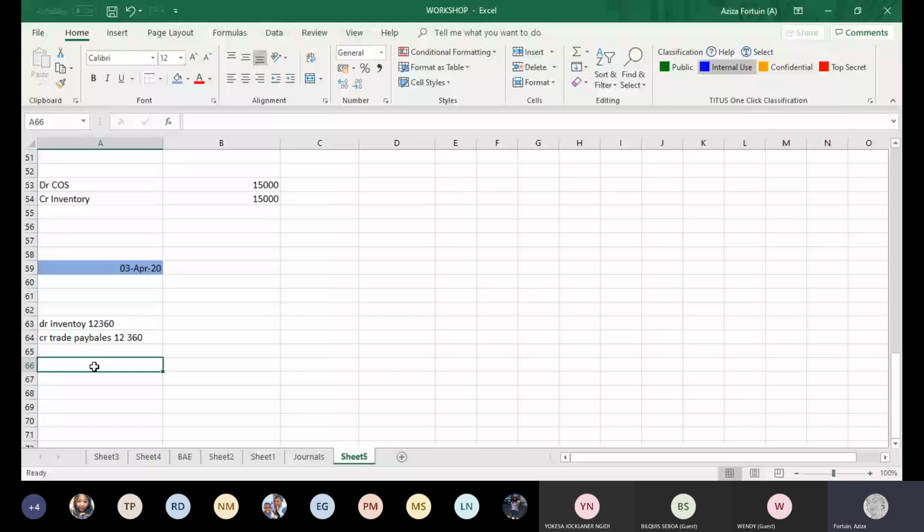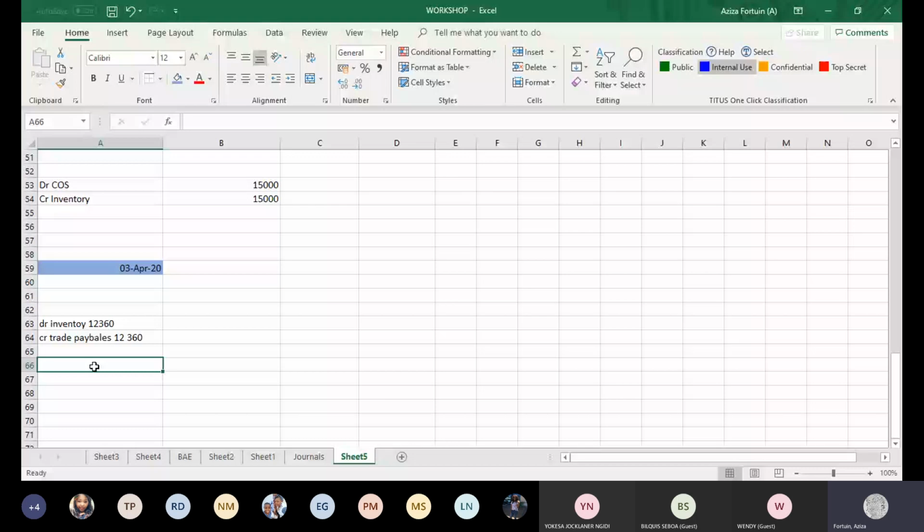When you issue to production, it is treated similarly to a sale, so you subtract it, and you've got 30 left at 700. So your value is 21,000. Then on the 10th of April, they purchased 20 again at 720. So 20 at 720 is 14,400. Now they have 50 units valued at 35,400.